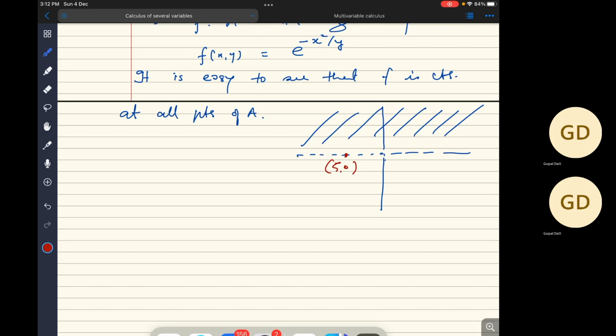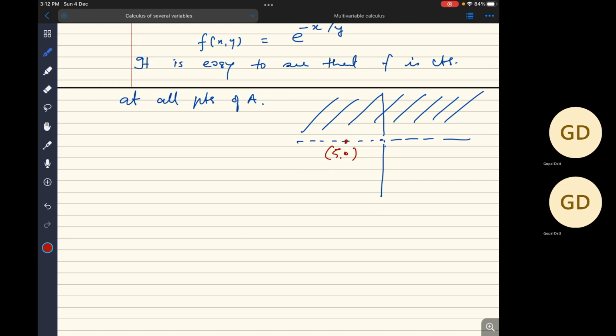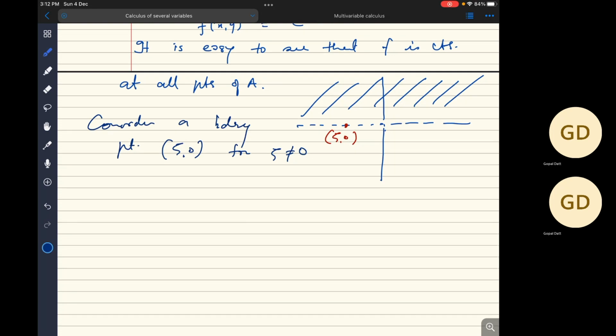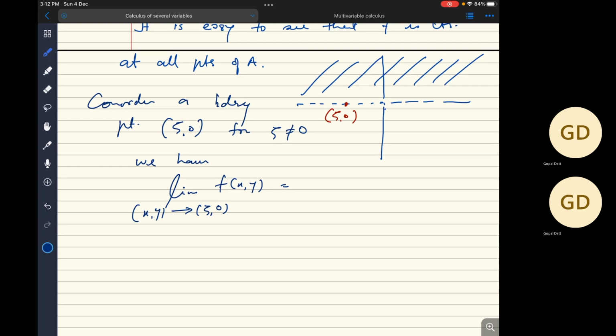Whenever zeta is non-zero, consider a boundary point (zeta, 0). For zeta non-zero, we have the limit of f(x,y) as (x,y) goes to (zeta, 0). What is this? f(x,y) is e to the power minus x squared by y.